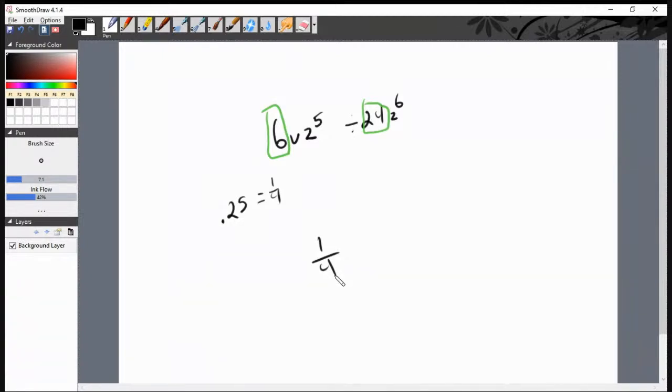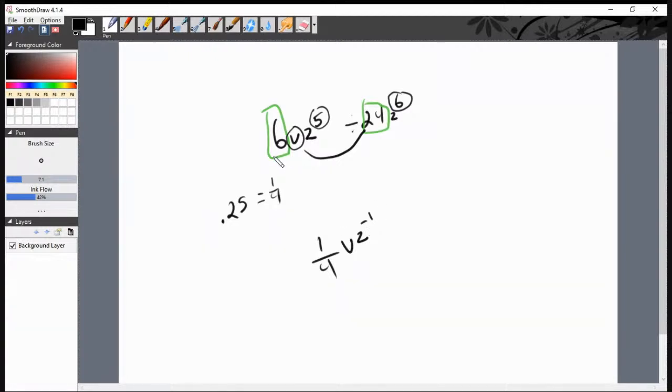And then it's as simple as dealing with the exponents. What is 5 minus 6? It's -1, right? If we're subtracting the exponents with like bases, we have a z and a z. 5 minus 6 is -1. The v doesn't have any other like base. There's no v in the denominator, so we're just going to carry that over, and it's going to be vz to the power of -1. 1/4 times vz to the power of -1.